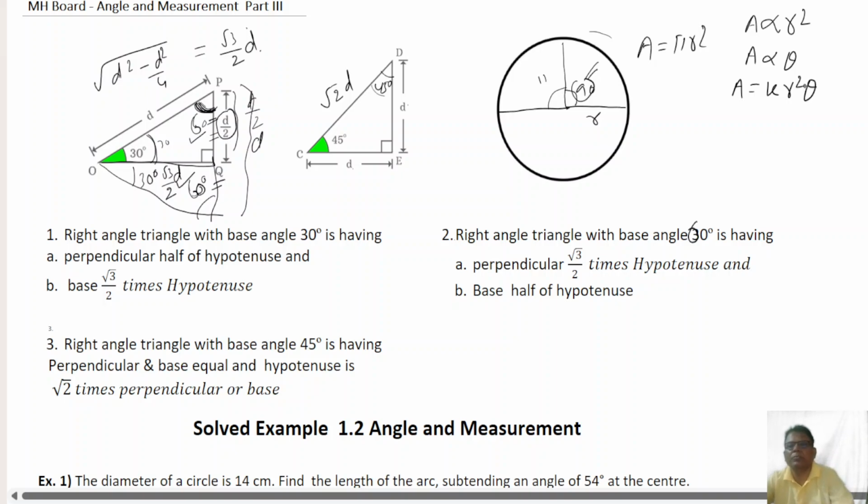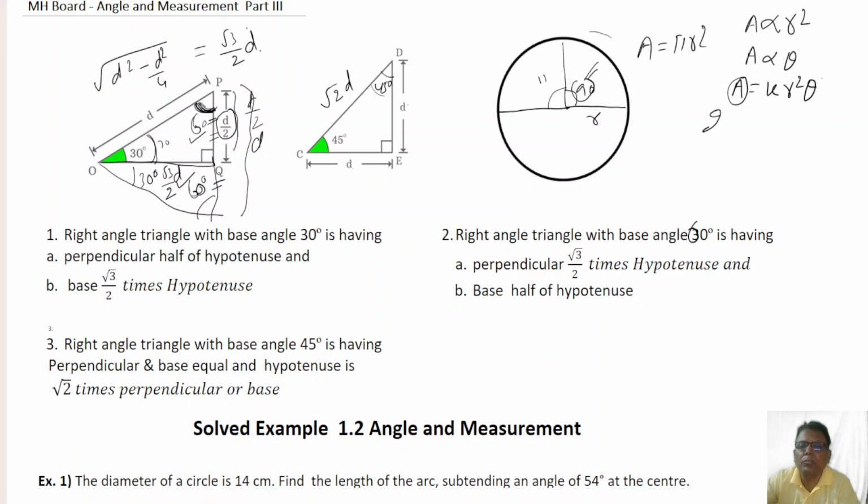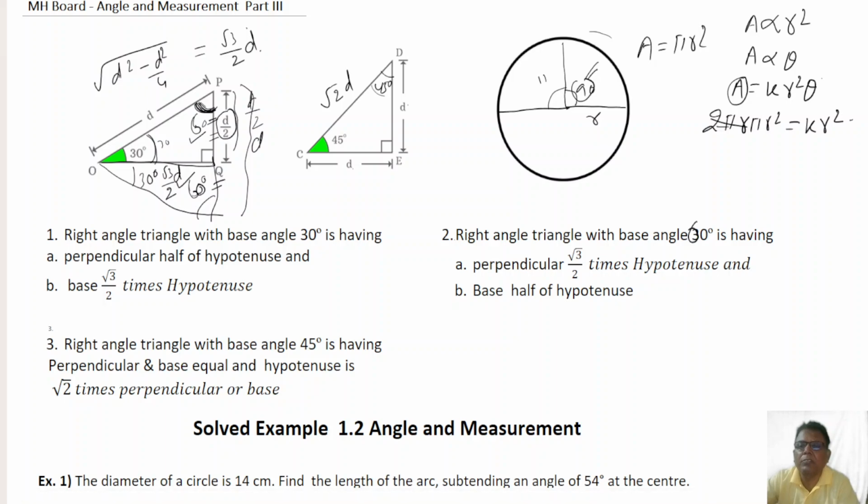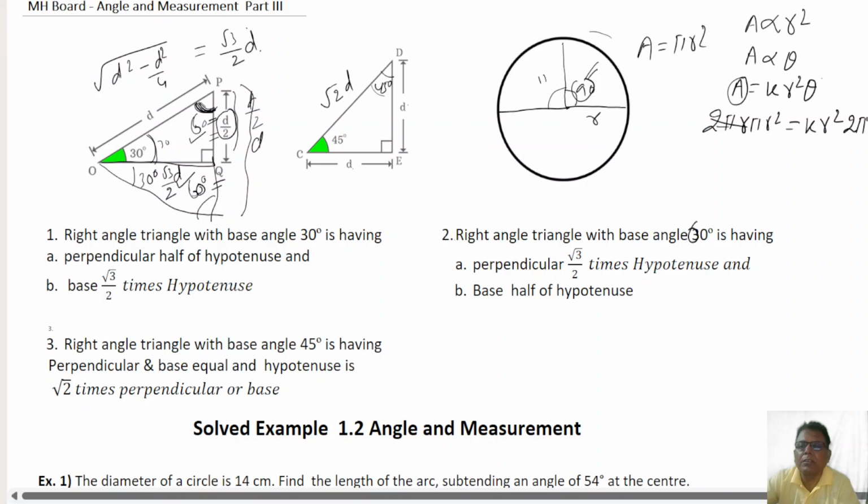Theta of course has to be in radian. If theta is in radian, then A is equal to pi r square is equal to k r square theta, where theta in radian is 2 pi. So r square got cancelled, pi got cancelled, then k is equal to 1 by 2.